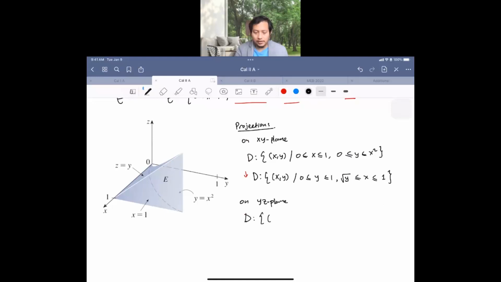Now in the YZ plane, we could start from y from 0 to 1, right? And then z is from 0 to y, right? So if we take this z till here, this is 0, 1, okay. And then 0 to, this is equal 1 to y, right?